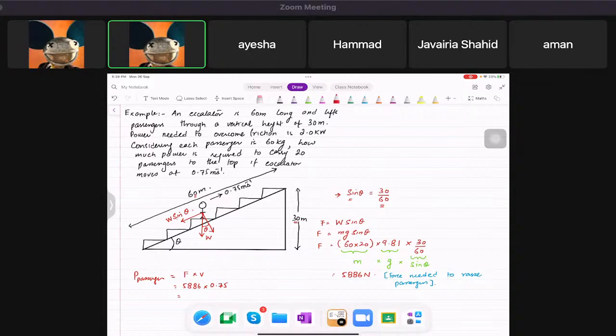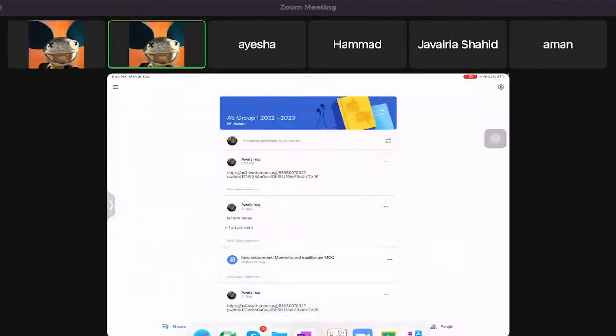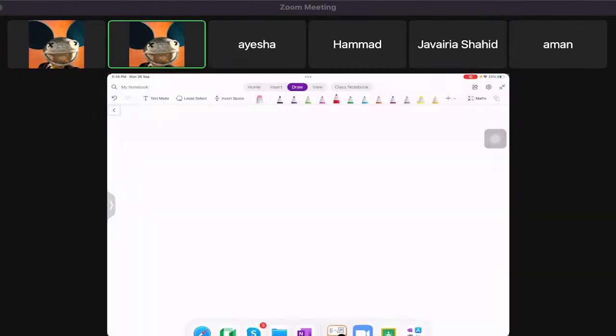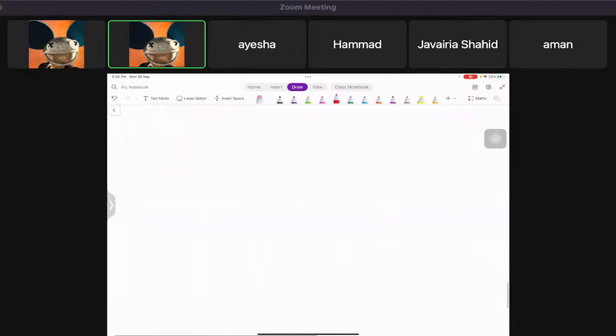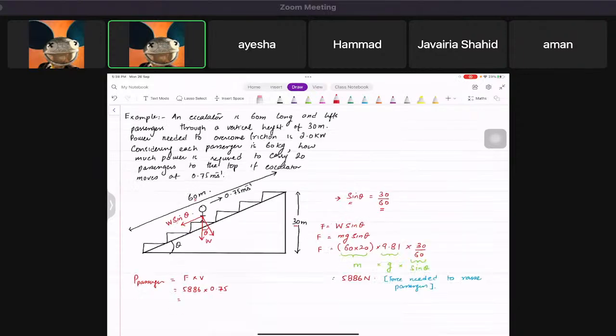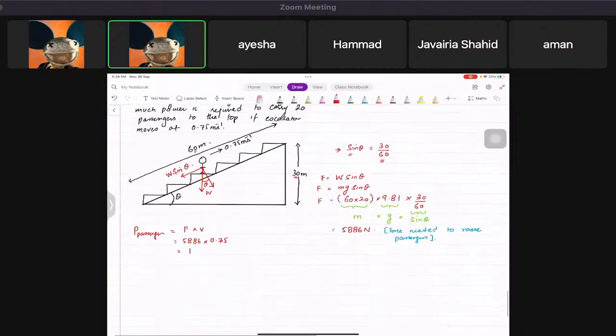So the power, wait a second. 5886 multiplied by 0.75 is 4414.5. So we get 4414.5, which we can write as 4.4 kilowatt. All right.